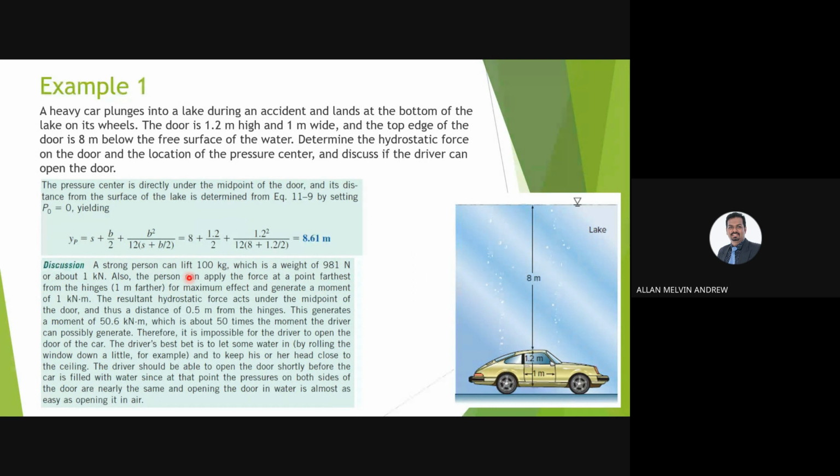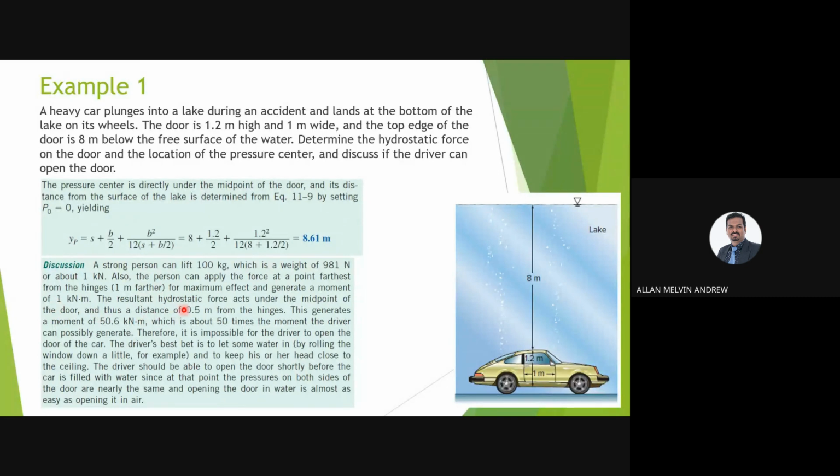If the person can apply the force at the point farthest from the hinge, 1 meter away, for the maximum effect, they generate a moment of 1 kilonewton meter. The 100 kilograms is mass, not weight, so to convert it into weight you multiply by 9.81, which is almost 1 kilonewton, so 1000 newtons. So if the person applies a force at 1 meter, they generate a moment of 1 kilonewton meter.